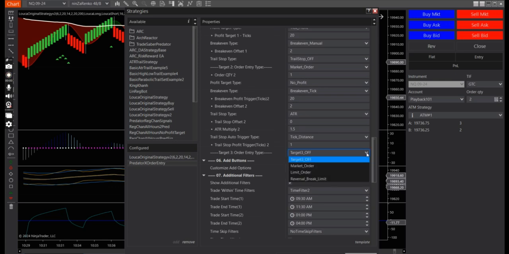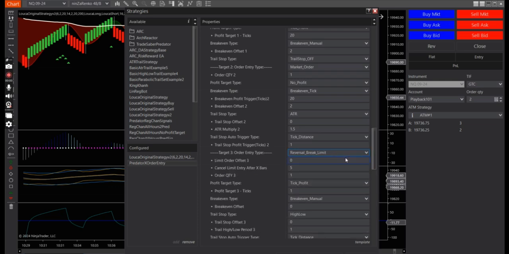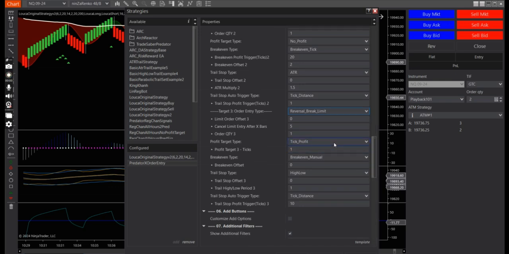So in part 2 I had this on. If I turn it on now, reversal break. I'm still trying to learn what reversal break is, but I believe it is, let's say you're in a trade and it goes in the opposite direction, then it would open a position.